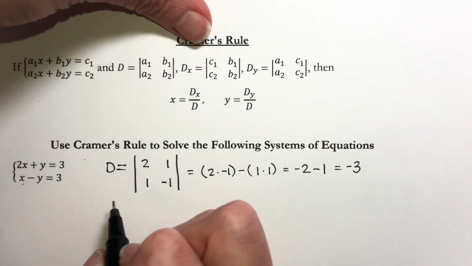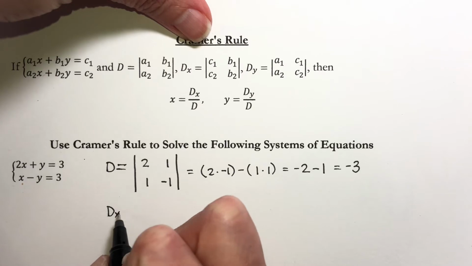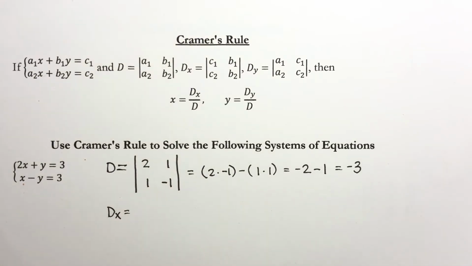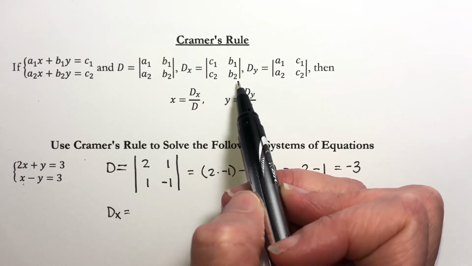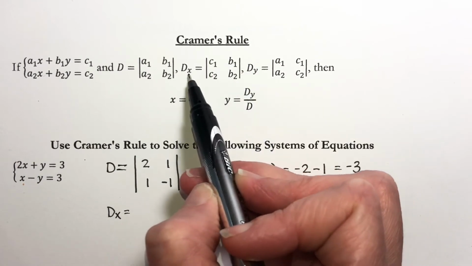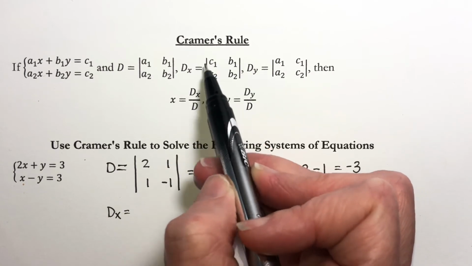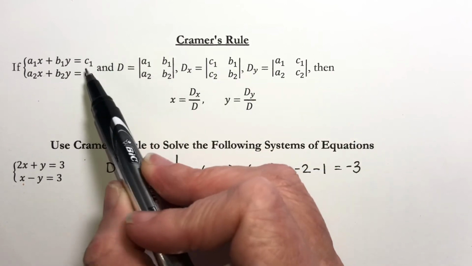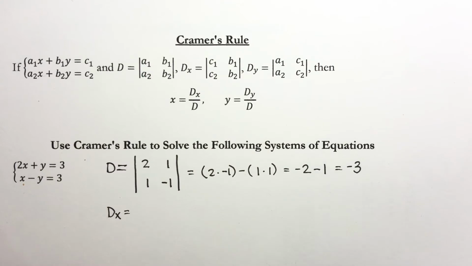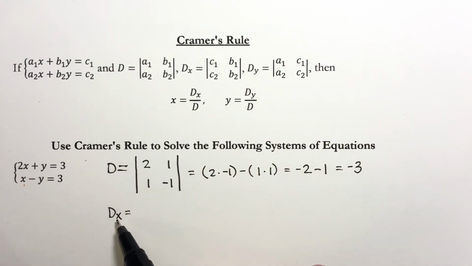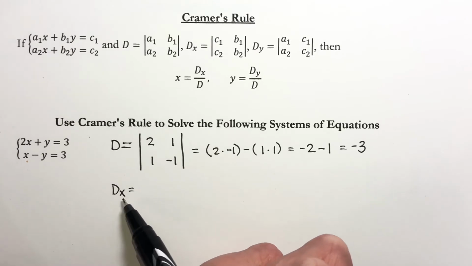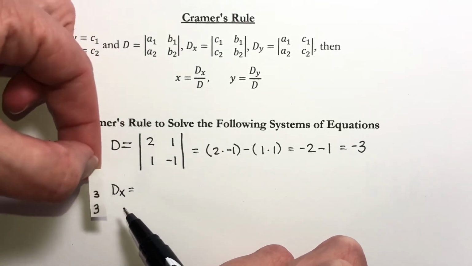Now we need to calculate Dx. We've got to build a new determinant. If you look at what they did here, our y values are the same, but what goes in the x column is different. C1 and C2, these are our answers. So every time, to find Dx, we replace the x column with our answers.